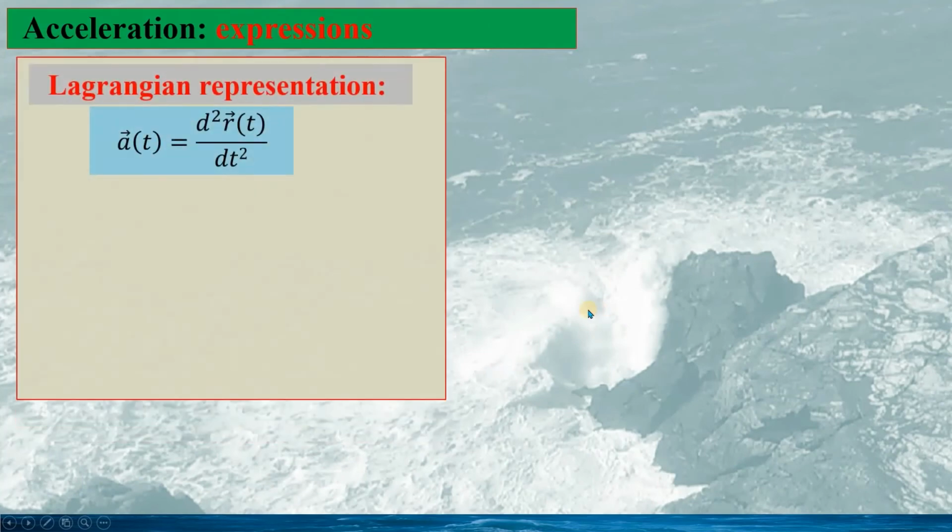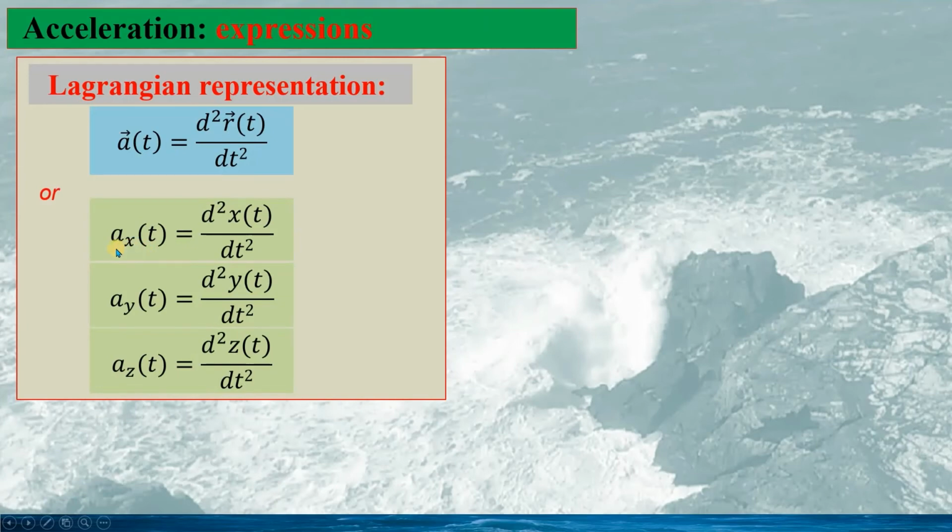For these two expressions, the acceleration is calculated in different ways. In the Lagrangian representation, the vector A is calculated as the second-order differentiation of the vector r with regard to time t.